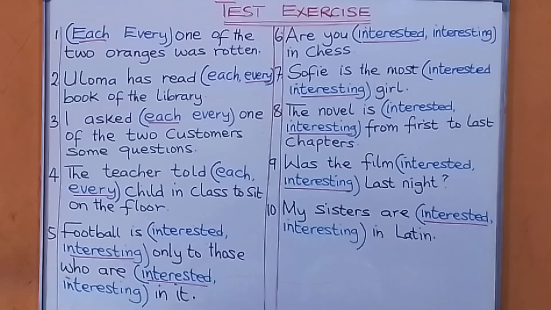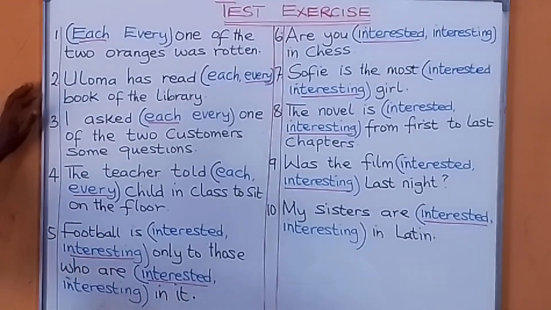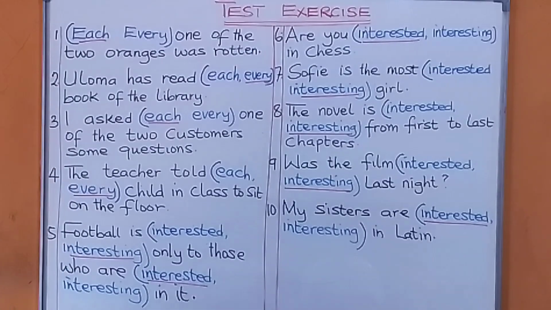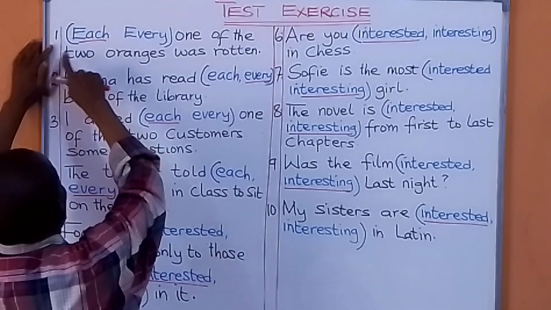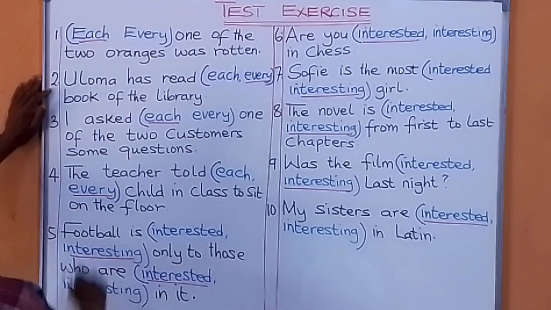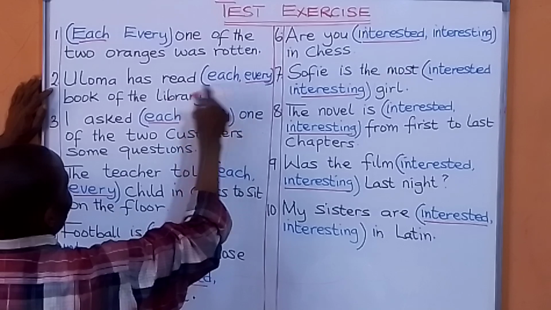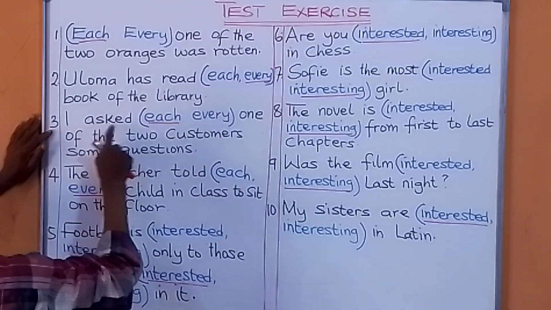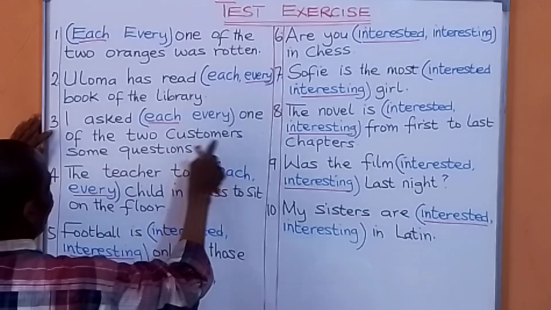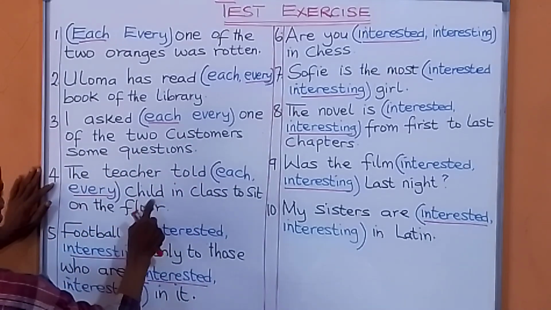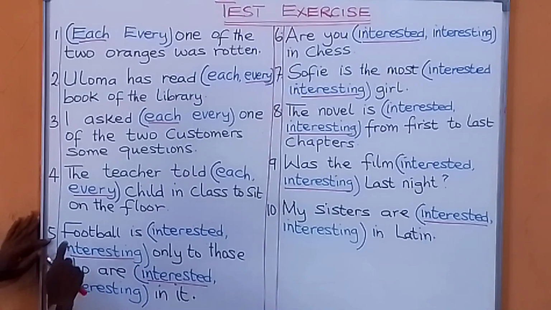Let's go back to what we have done. Each one of the oranges was rotten. Uloma has read every book of the library. I asked each one of the two customers some questions. The teacher told every child in class to sit down.